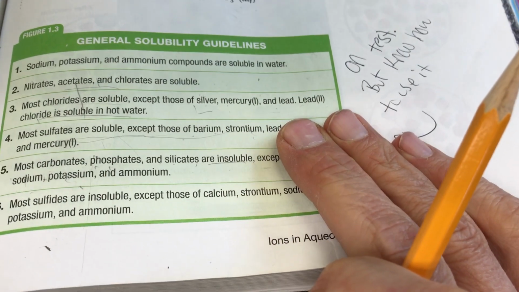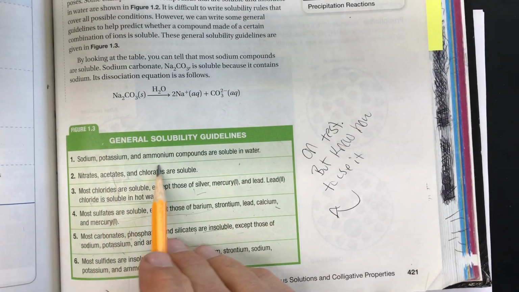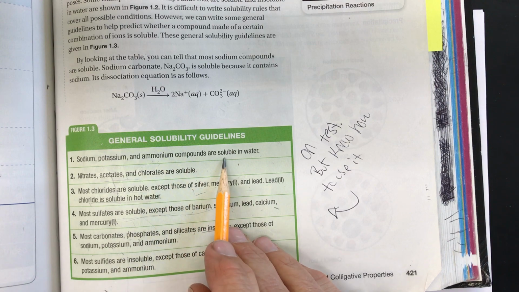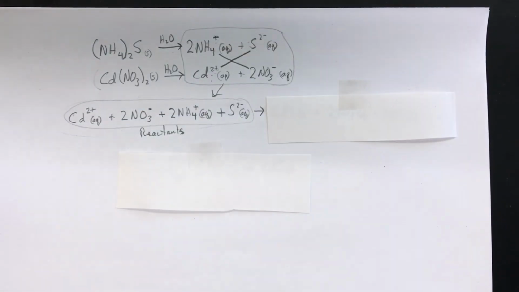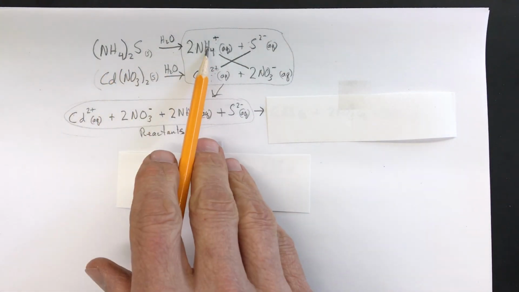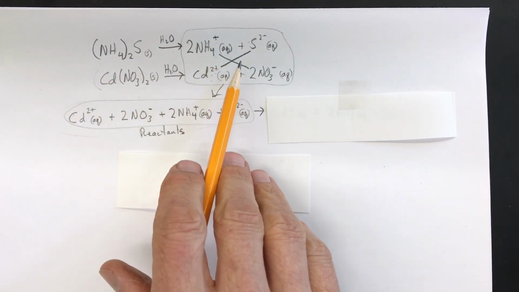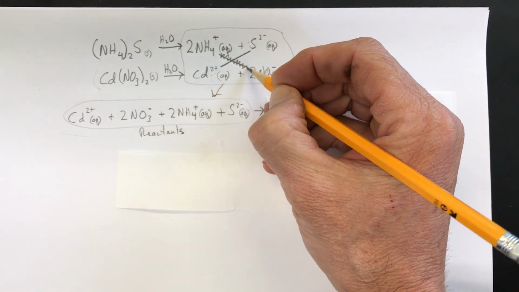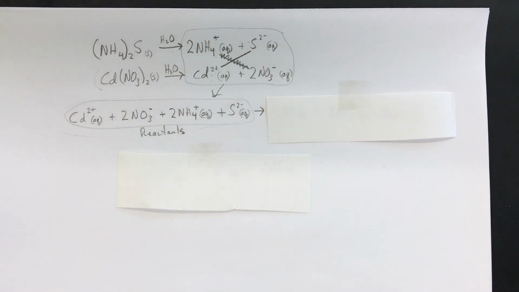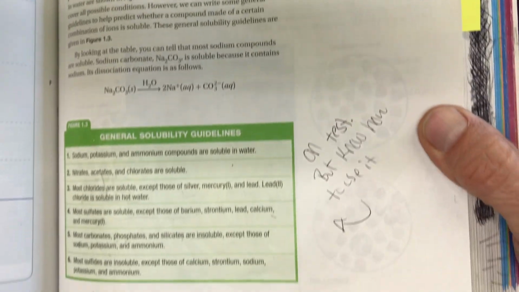Now, ammonium compounds right off the bat are all soluble. So if we have ammonium, could this one form precipitate? And the answer is nope. So it can't be that one. So then let's check for cadmium sulfide.